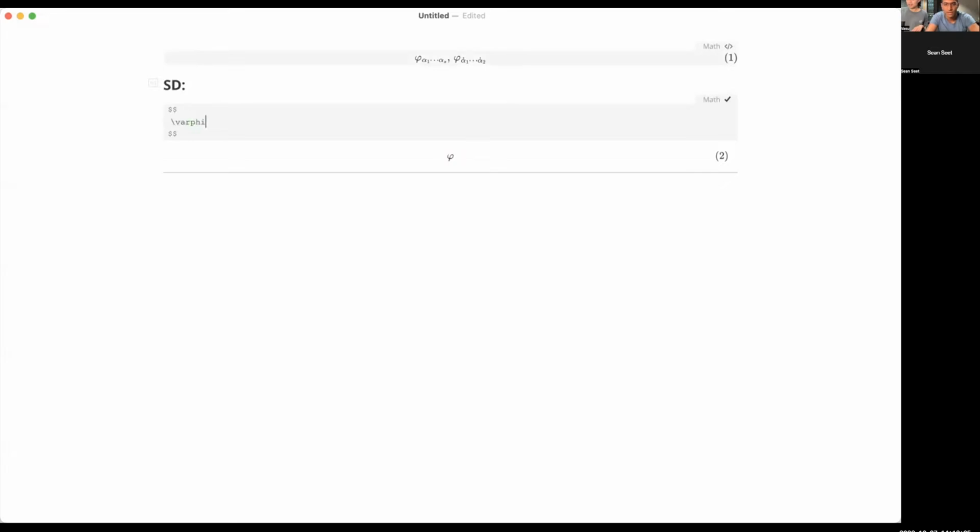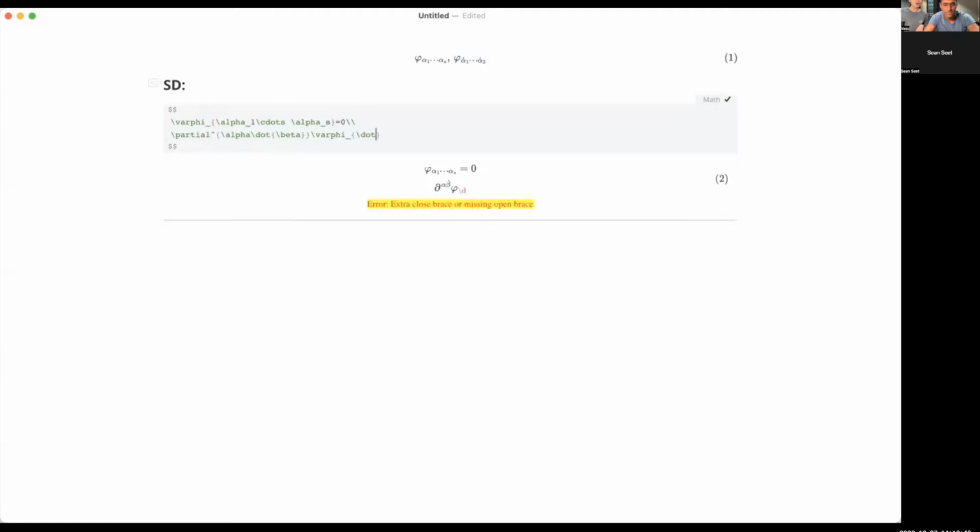So we're in the sector where that vanishes, and the equation of motion for the remaining field is a derivative contracted with the field, set to zero.